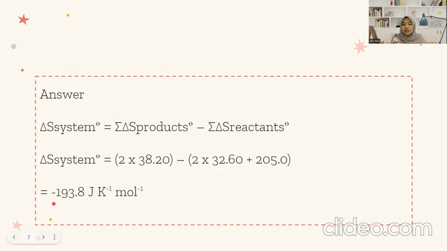And then the result is minus 193.8 joule Kelvin minus 1 mole minus 1. So this is the unit for entropy. Please don't forget to always write the unit after the numbers. Simple. That's how to find the entropy, or the delta S, for the reaction.